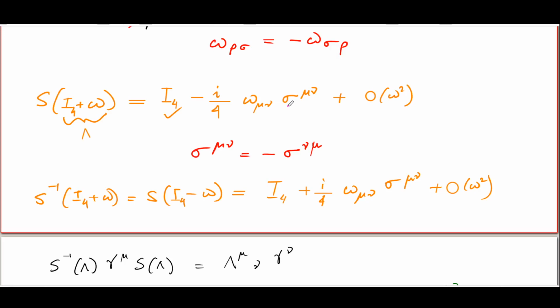So we are writing down only the part which is linear in omega here.